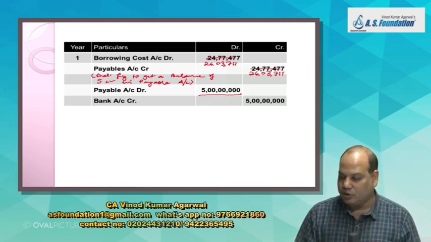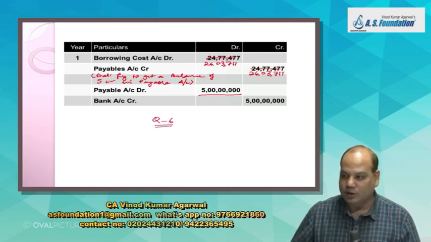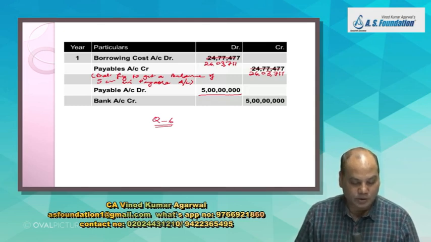There is one question number 6 below after this question 5. Solution is also printed. We'll quickly discuss it. X Limited purchased a land worth $1 crore. It has an option either to pay full amount at the time of purchase or pay it over 2 years for a total cost of $1 crore 20 lakh.